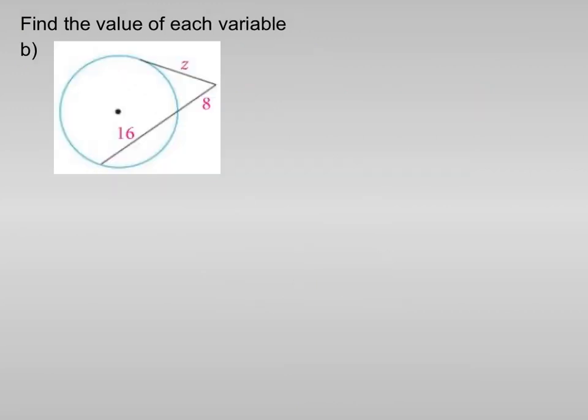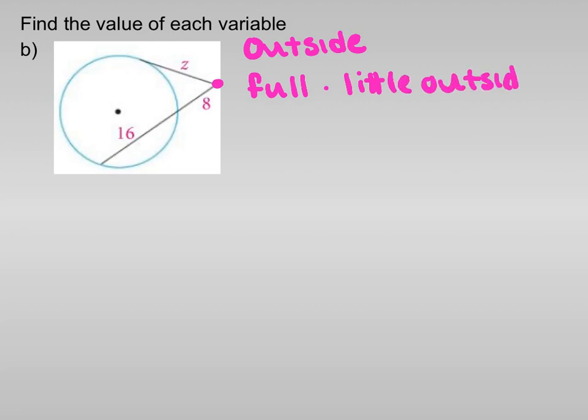Now in this type of example, we're using another situation where the lines intersect outside. So the relationship we use is the full times the little part outside. So if I identify the full here, it'll be this whole length.